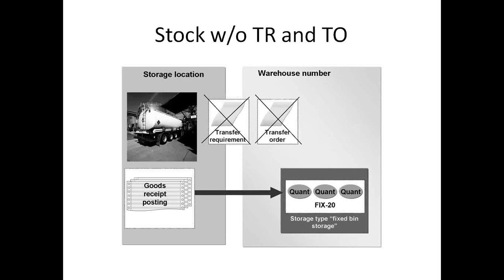So this is stock without TR and TO. There can be some processes where it is not required every time. The WM process will go like this: goods received, transfer requirement, transfer order, and quant updated. But there can be some exceptions, some exceptional processes.